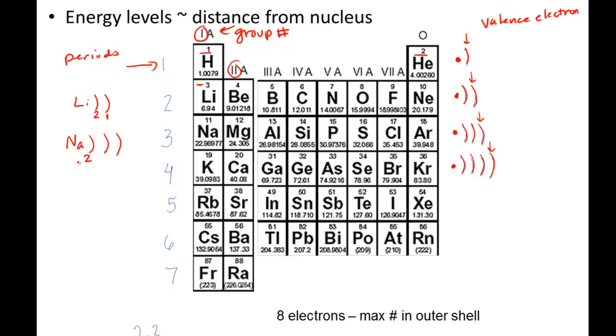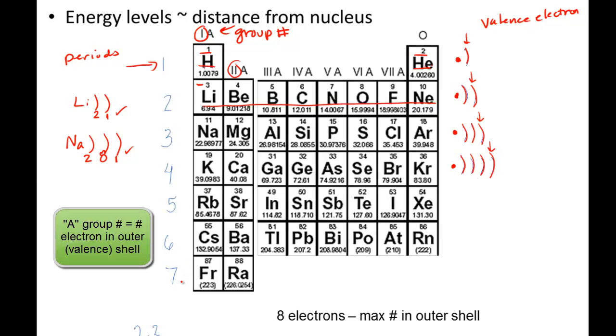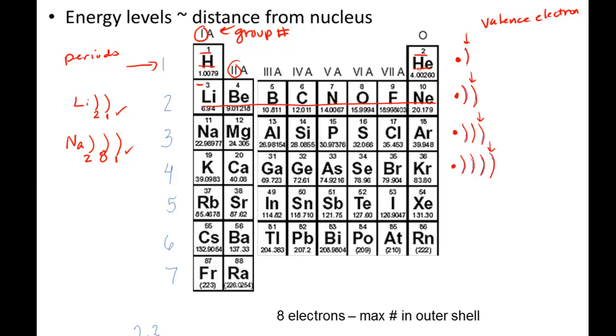It has 2 electrons in the first energy level, which are the ones from hydrogen and helium. And then it has 8 electrons in the second energy level. And then it's going to have 1 for its outer. Notice it is in group 1, and both lithium and sodium have 1 electron in their outer shell.